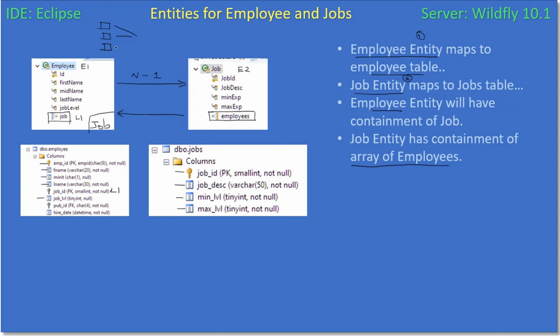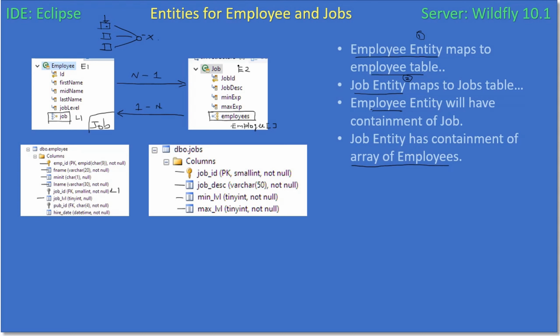So if you pick only one entity mapping to one job entity, you will see it as 1 to 1. That's why here we have job as a containment. But here we will have an employee array. Why? Because for a given job there will be n number of employees.